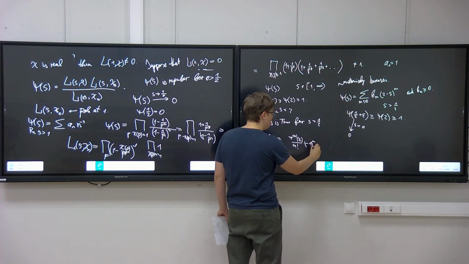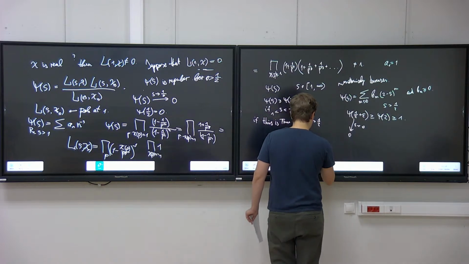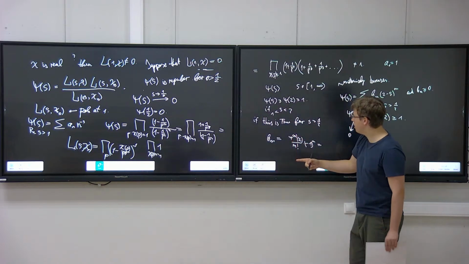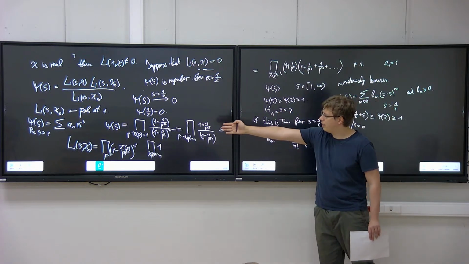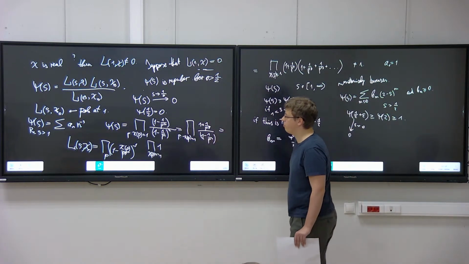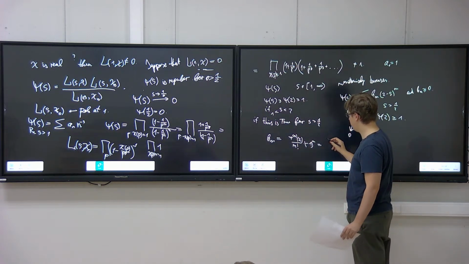Also we need to... Because here we have minuses. And what's this? We know psi. Of course, we have our Dirichlet series. If s is greater than 1, so what is this?